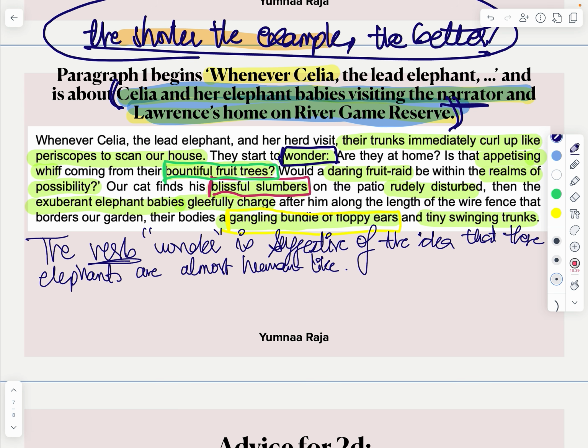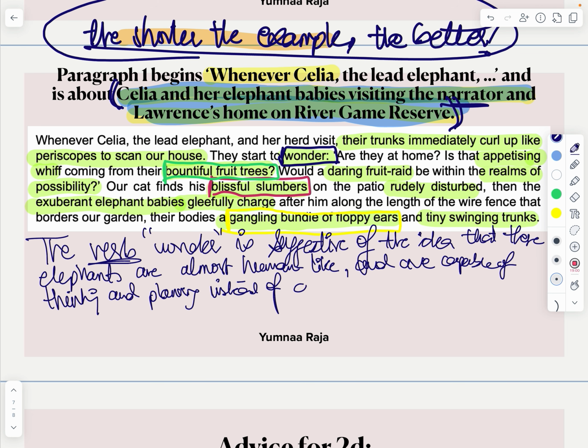All right, they are almost human-like and are capable of thinking and planning instead of acting on impulse. So they are not impulsive.